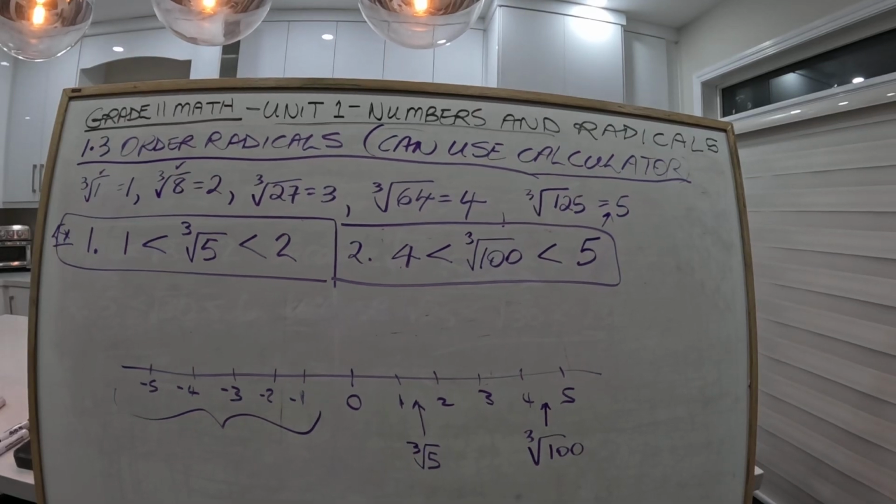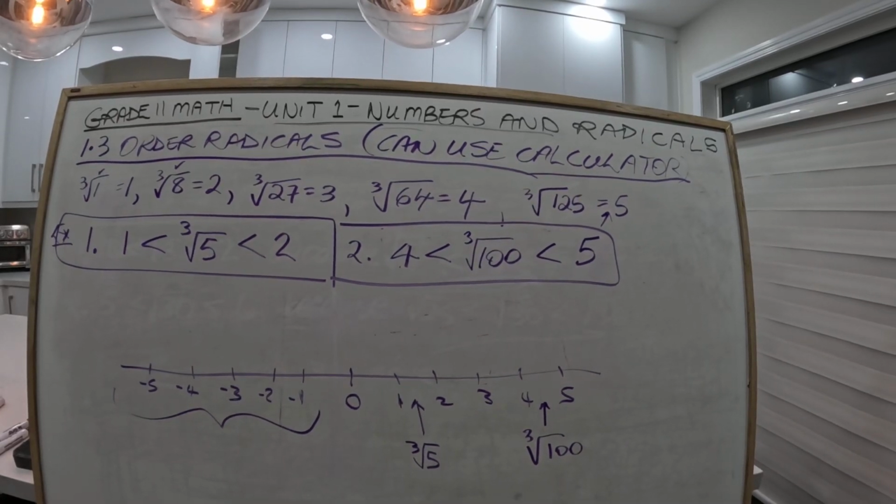So this is just a picture, a synopsis of how to identify numbers that you cannot define just by doing a root or a cube, but you can identify them on the number line.